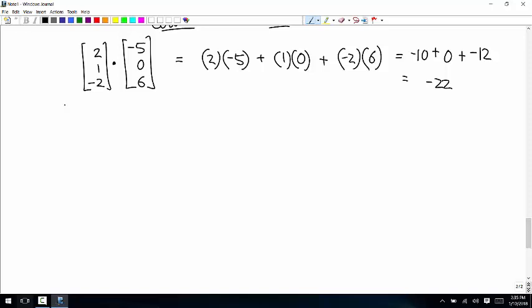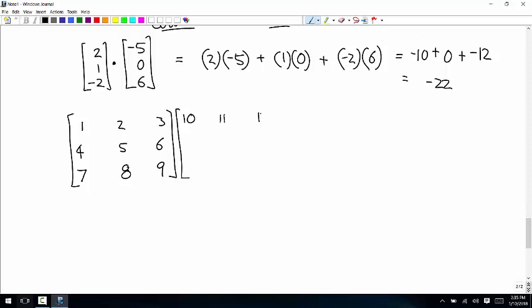So the way it works for matrices is, let me just sort of demonstrate how this works. So if your matrix is 1, 2, 3, 4, 5, 6, 7, 8, 9, and you're multiplying it by 10, 11, 12, 13, 14, 15, 16, 17, 18.